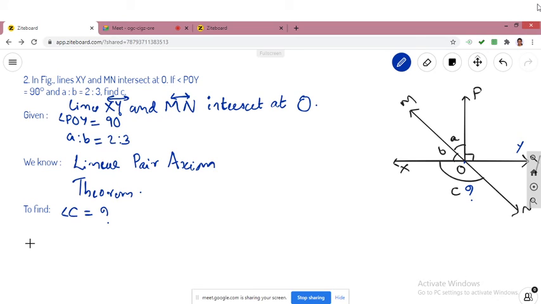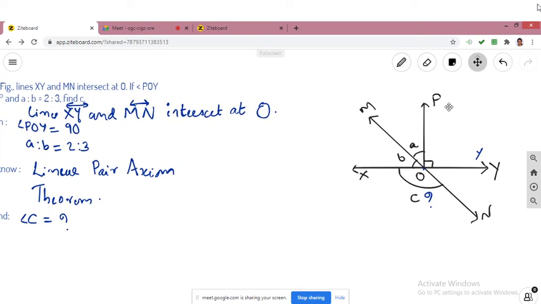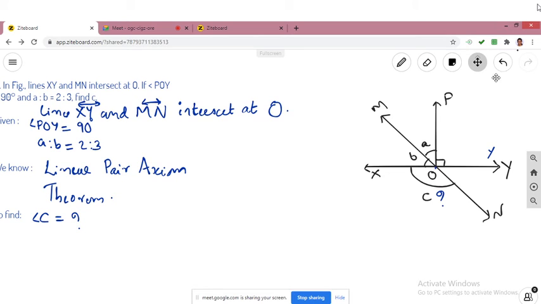Line XY and line MN, ma'am. Okay, line XY and line MN are intersecting at O. So what are the pairs of vertically opposite angles you are getting here? XON and MOY, ma'am. And even XOM and NOY.